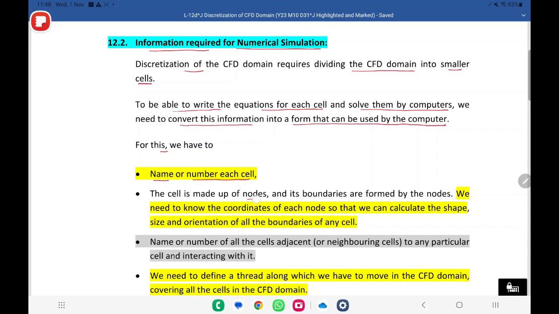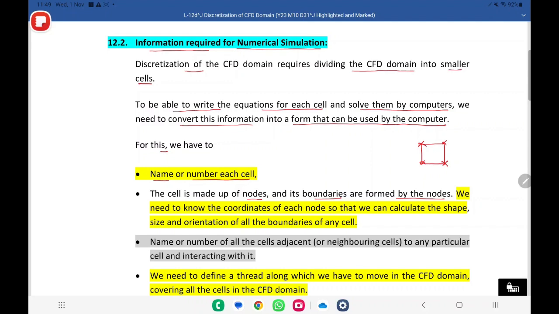Then the cell is made up of nodes, and its boundaries are formed by the nodes. Now what is a cell? If I don't talk about 3D, you assume that we are talking about 2D.